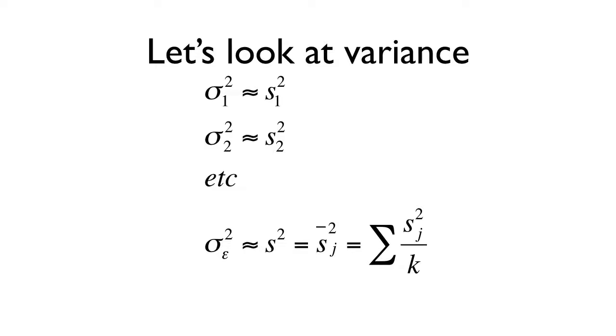Sigma squared sub 2 is roughly equal to s squared sub 2. Right? And these are variances within each group, aren't they? The variance within each group is only due to error.